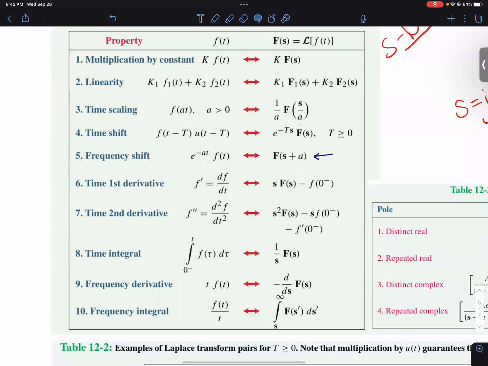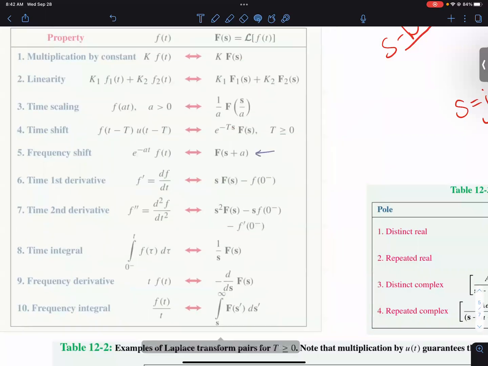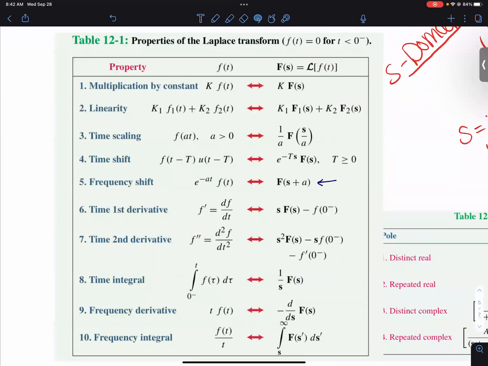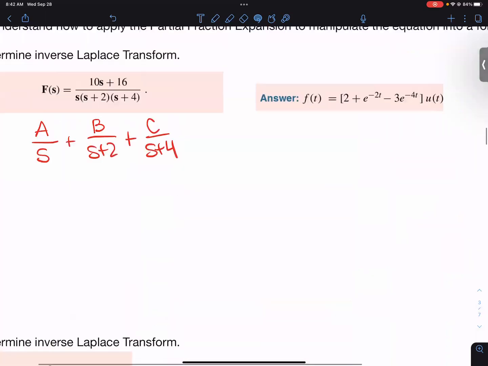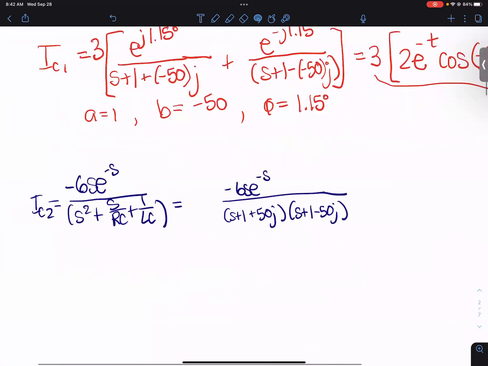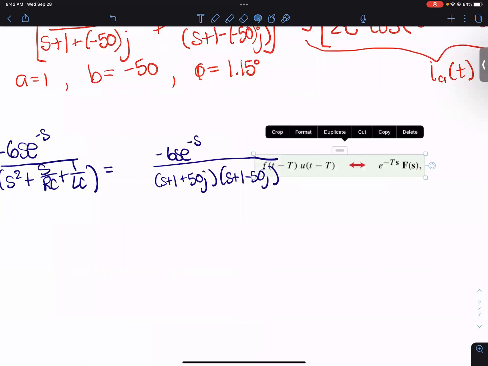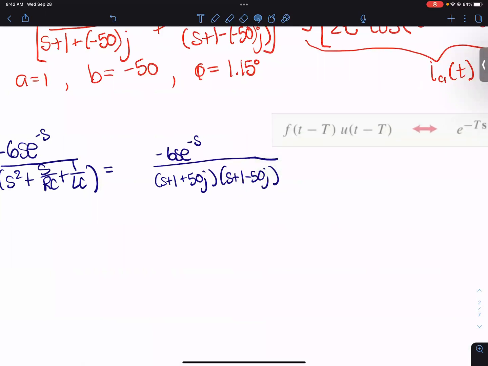Wait, sorry, wrong one. This property. So when it's in the S domain, you have e to the minus Ts is going to transfer over as that one. So verify these are the same.